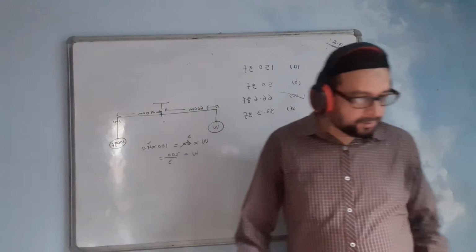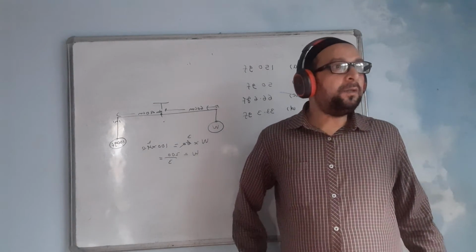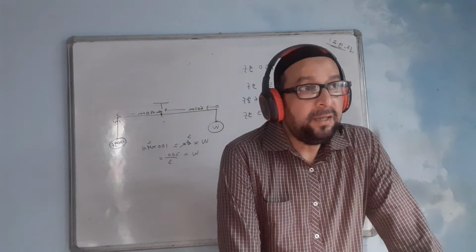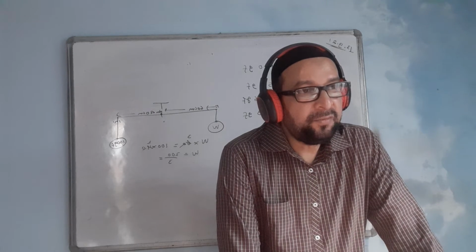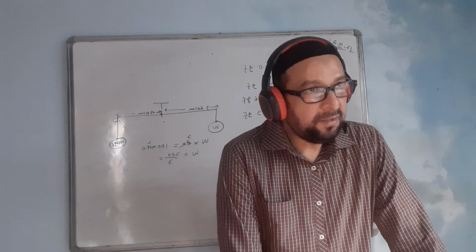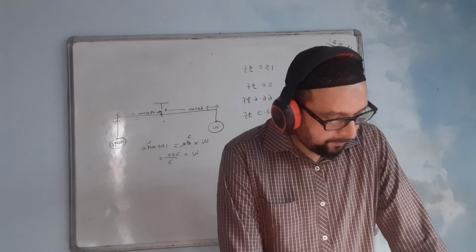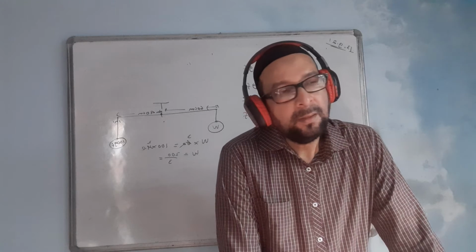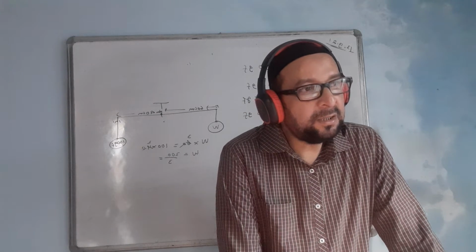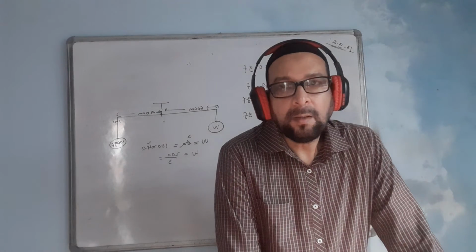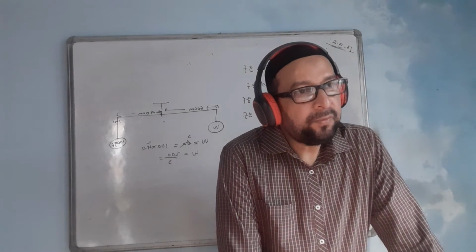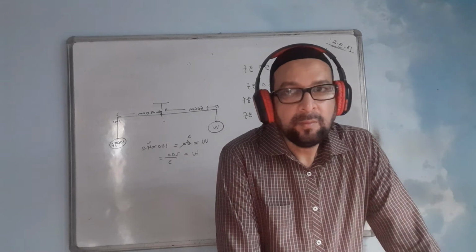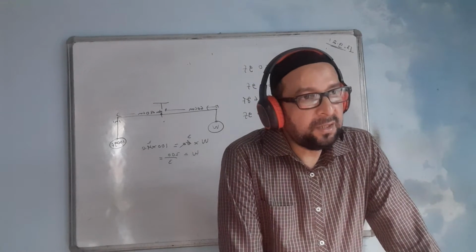Okay. Now the next question is, write: a uniform meter rule weighing 50 GF is balanced horizontally at the 60 centimeter mark by a weight of 200 GF.